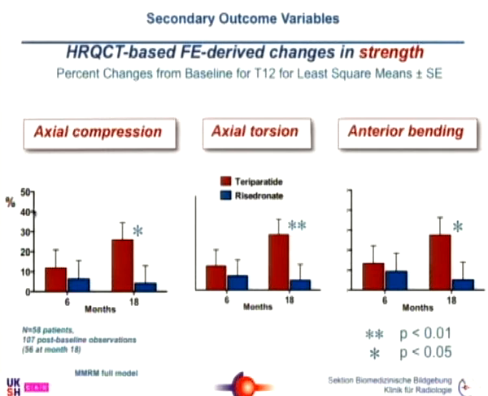They studied loading in compression, these are these results, in torsion, these are these results, and in bending. And no matter how the load is impacting on the vertebral body, the increases in strength are substantially larger, I should say, with teriparatide than they are with the small increases you see here in comparison with risedronate treatment.